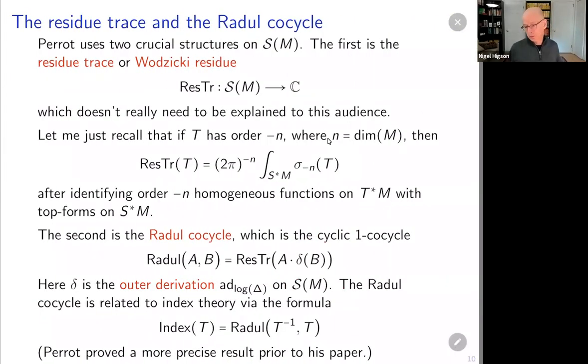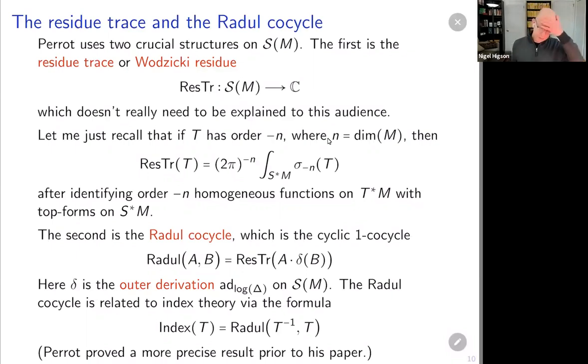A couple of small, not small at all, important structures play a big role in Perrot's work. One of them is the Wodzicki residue, or the residue trace, and I won't say so much about it here, except to remind you that if you have an operator of order minus n, or a symbol of order minus n, this non-commutative residue, which is in general extremely complicated, is easy to calculate. It's just given by an integral of the principal symbol.